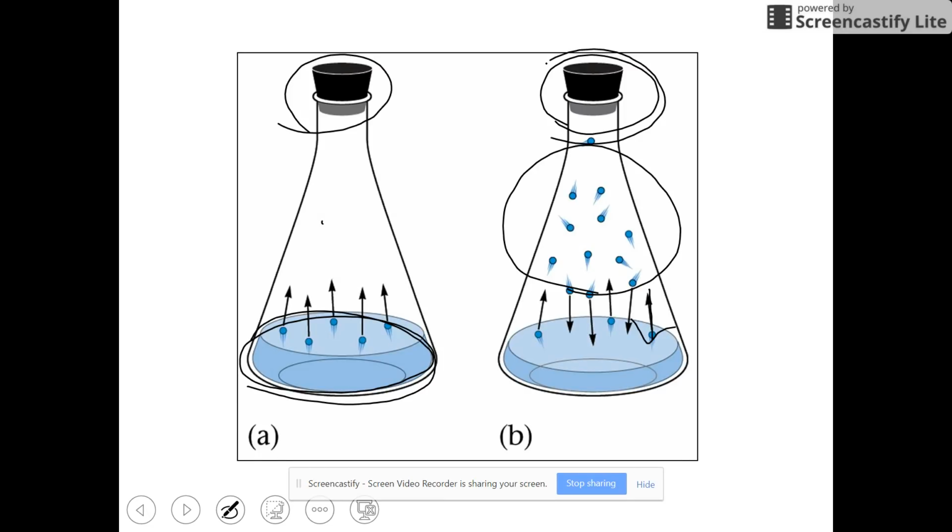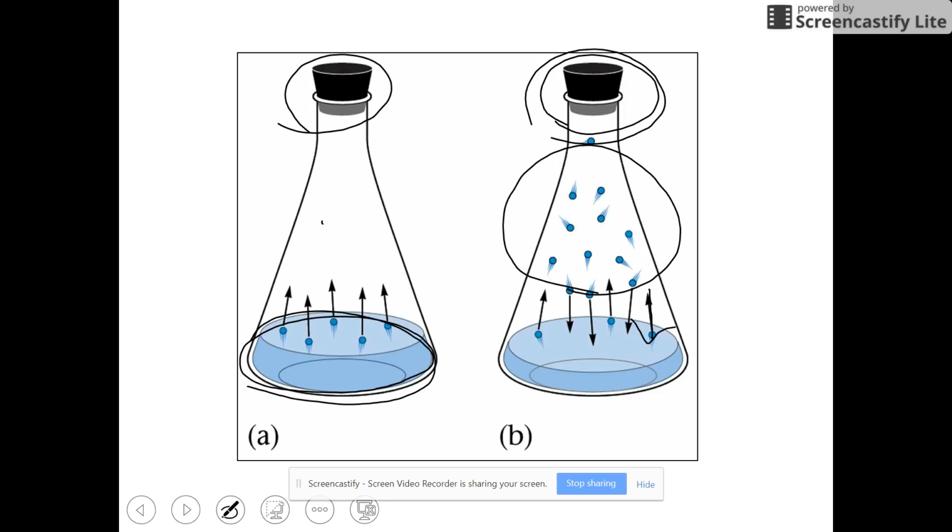So now, because it is in a closed container, if you let the system go for a while, it will reach something called equilibrium, meaning that the number of molecules of the substance that change from liquid phase to gas phase will be equal to the number of molecules that change from gas phase back to liquid phase.